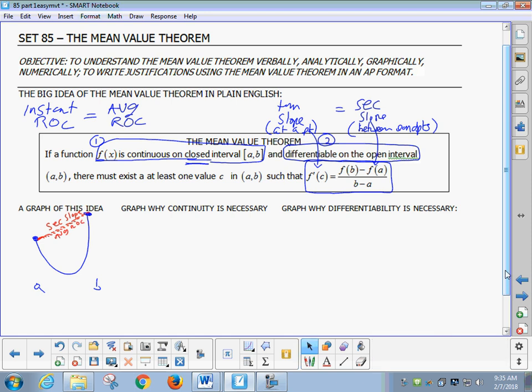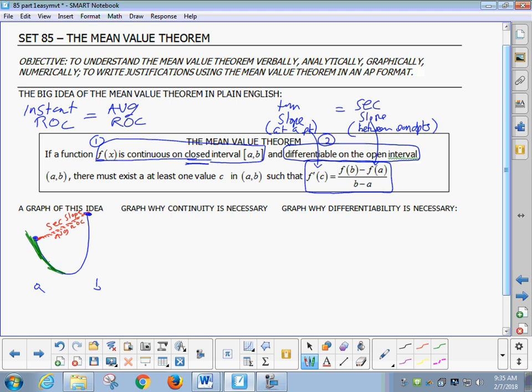Now consider the other part of this, instantaneous rate of change. I could draw instantaneous rates of change many places. That instantaneous rate of change is great, but it's nothing special. It is definitely not the same as that one. I could draw one here, and that's not the same as that.